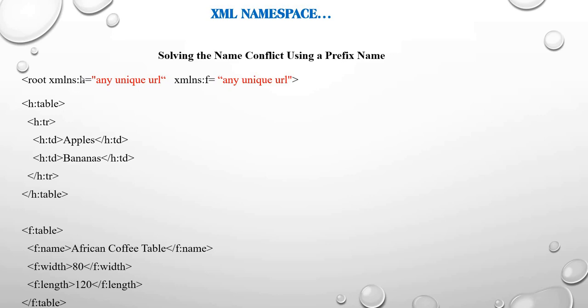We have to assign a name for a prefix. Here we have included it as H. It has to be assigned with a unique URL. And another namespace called F should be assigned with another unique URL. By doing this, we can make H and F new namespaces, and we can use these namespaces to differentiate a tag from another tag of the same name.